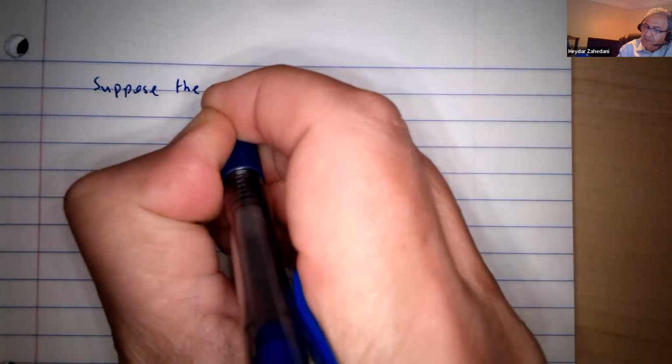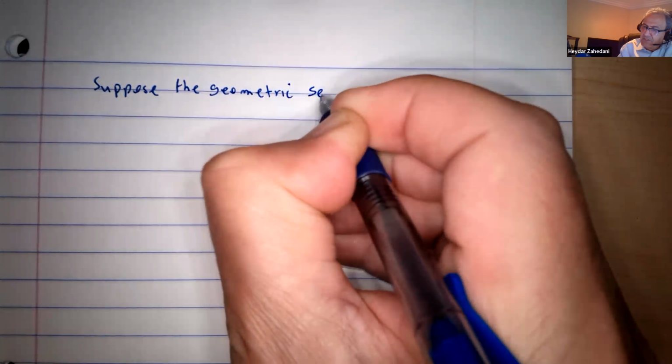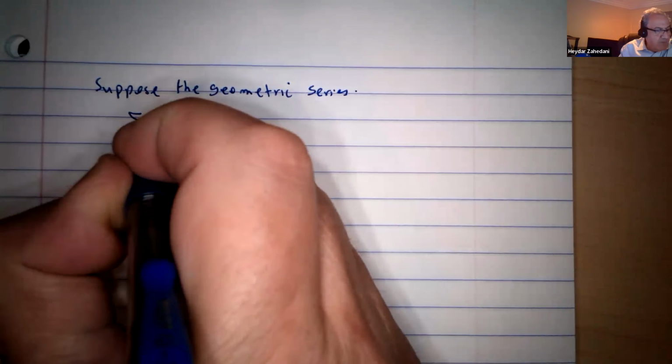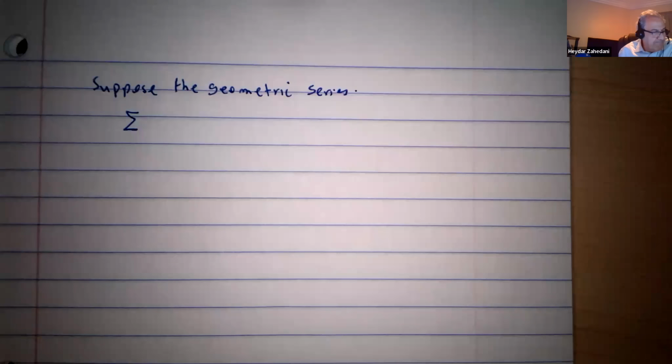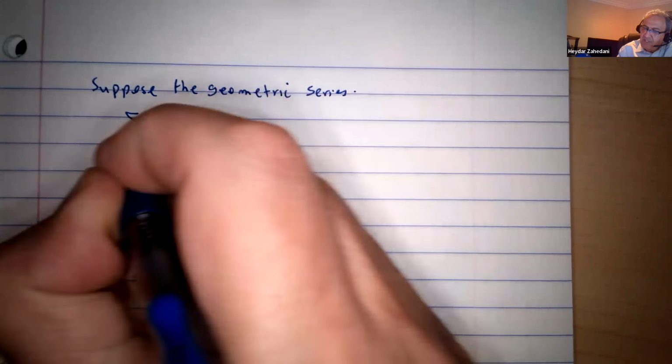Suppose we pick one of these geometric series that we have. I repeat it again: sigma of a r to the n minus 1, n from 1 to infinity is given.